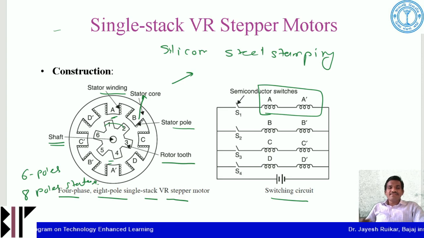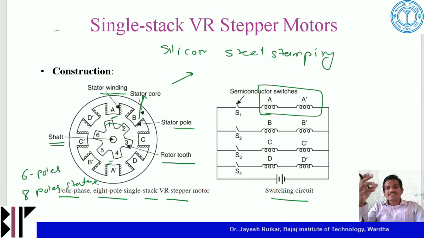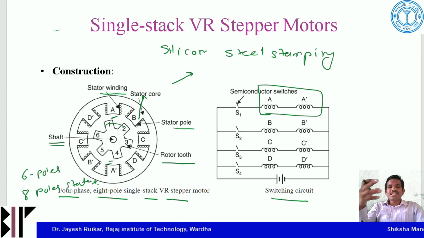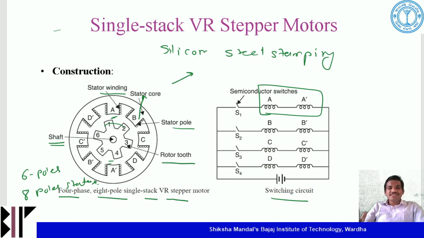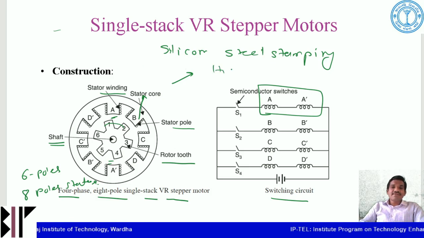When the number of stator poles is odd, the number of phases and the number of poles are equal in that stepper motor. The material used for the stator and rotor should have high permeability.